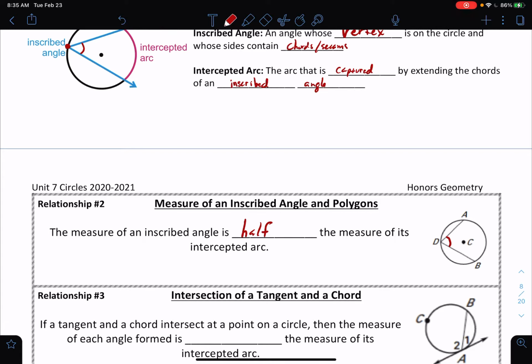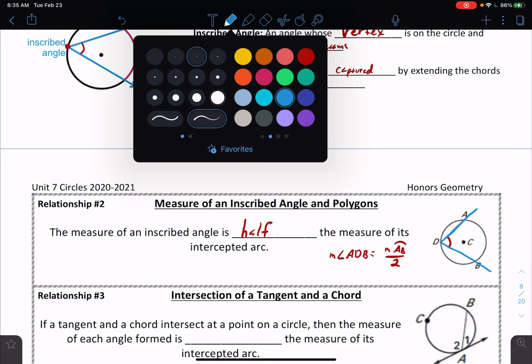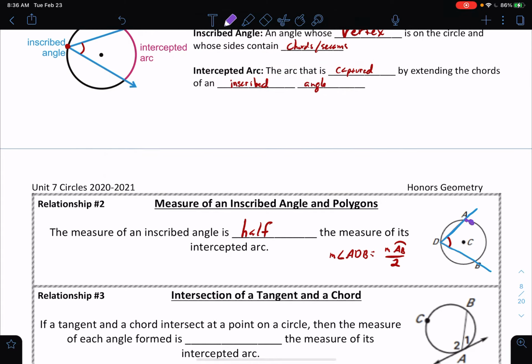So in this specific diagram to the right, the measure of angle ADB will equal the measure of arc AB divided by 2, or half that arc, because I extend these chords out and it captures this minor arc here.